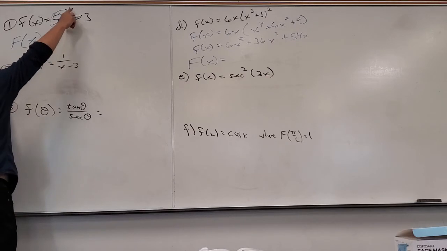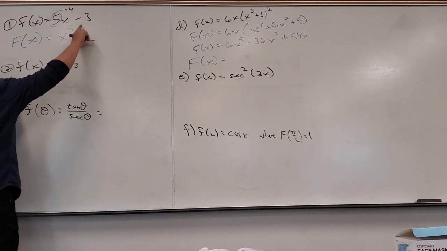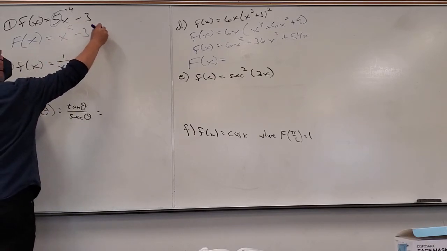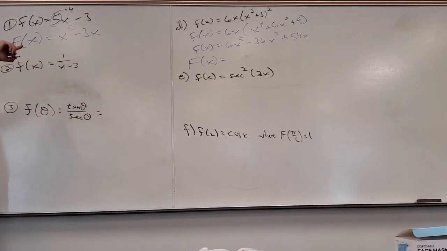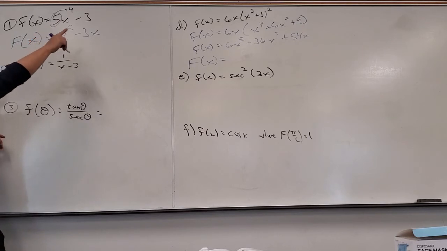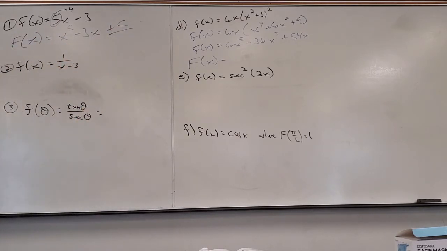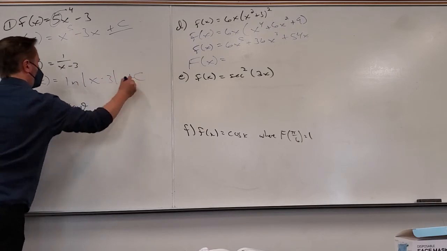If you use the rule, you would divide by 5, so cancel, so x to the 5th, minus 3x, plus C. Is that cool? And I think we almost did exactly this one earlier. What's this guy? Natural log of absolute value, that's what it is. Plus C. Yes.